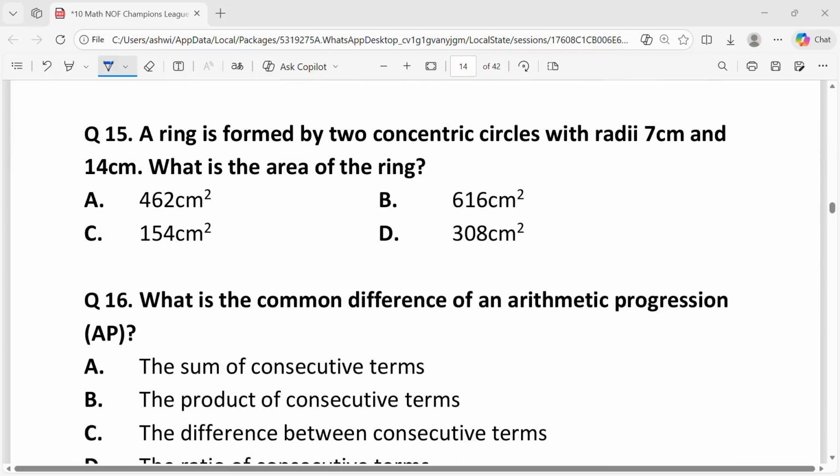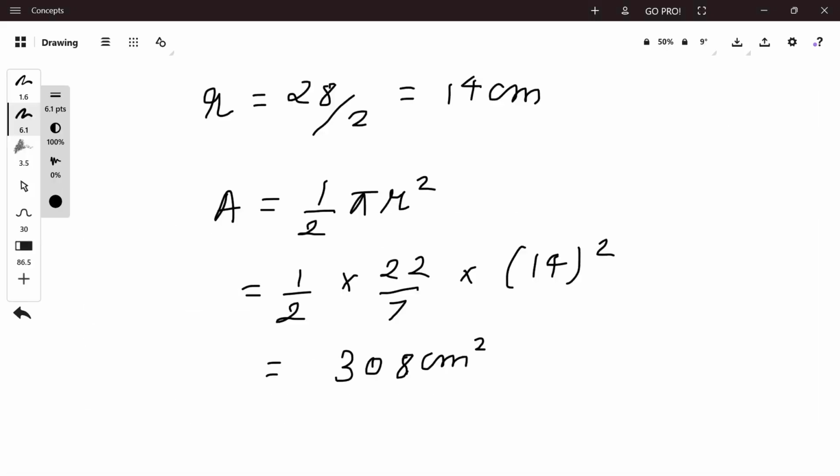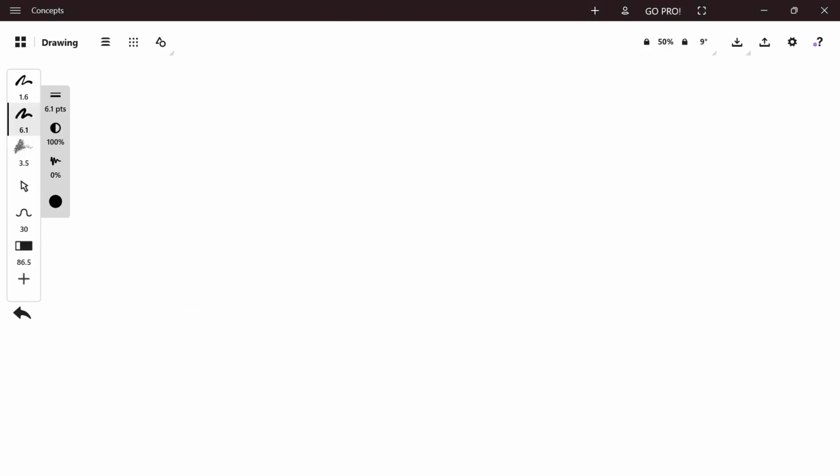Question 15. A ring is formed by two concentric circles with radii 7 and 14 centimeters. What is the area of the ring? Inner radius is r is equal to 7 and the outer radius is R is equal to 14.